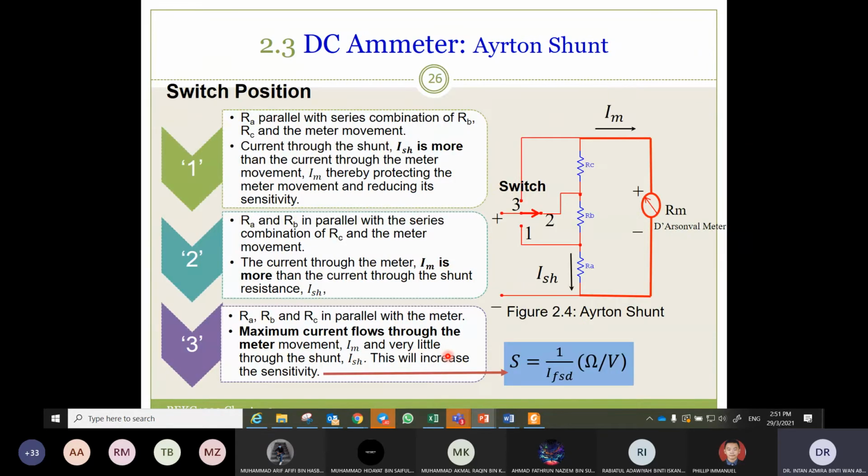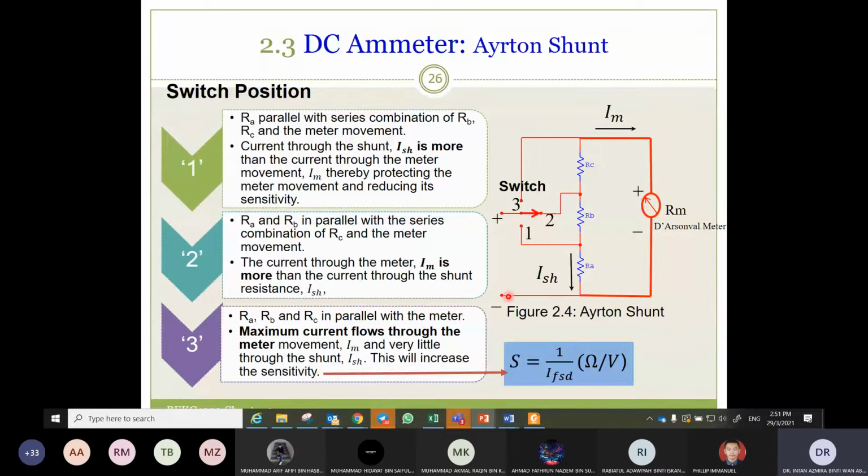At position 1, RA is in parallel with the series combination of RB, RC and RM. The meter movement is RM.